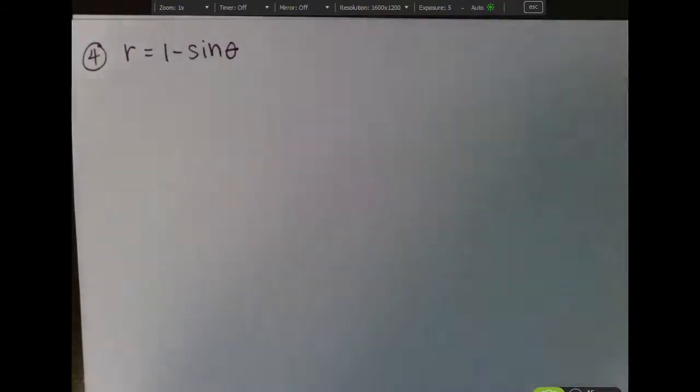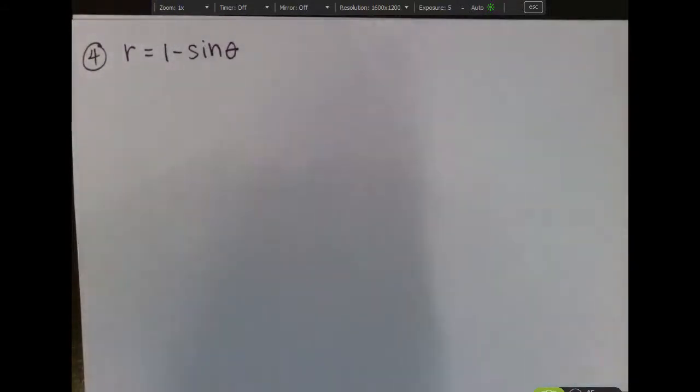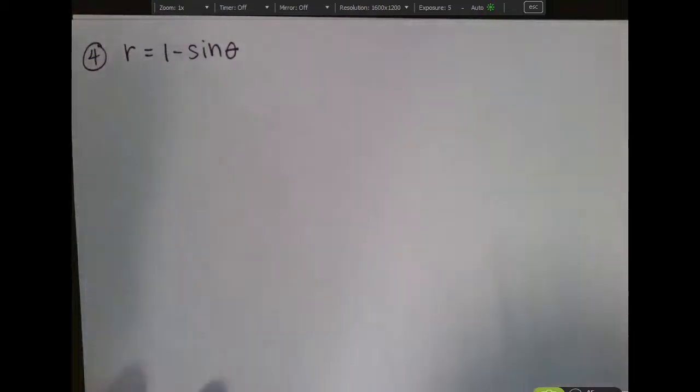You could try to convert this to rectangular form. It's not going to go so well. Multiplying by r is going to cause problems. It's really tough on this one to get rid of r and theta and make some direct substitutions for x and y. So that's why we have some other approaches that might work as well.